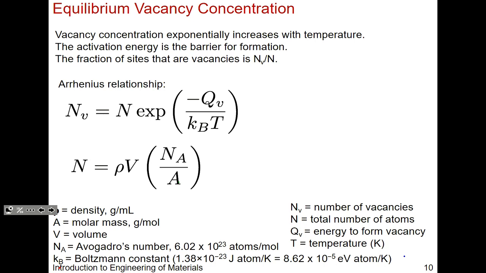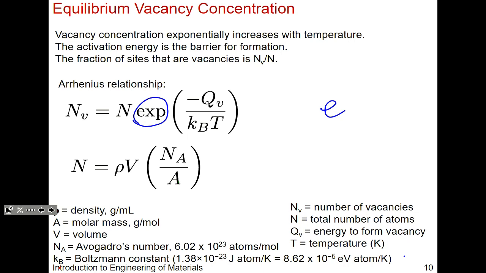And that's dictated by this Arrhenius relationship. So the number of vacancies in your system is NV. And that's related to N, the total number of sites that you have in your material, times the energetics. So this exponential, EXP, is just natural log E.